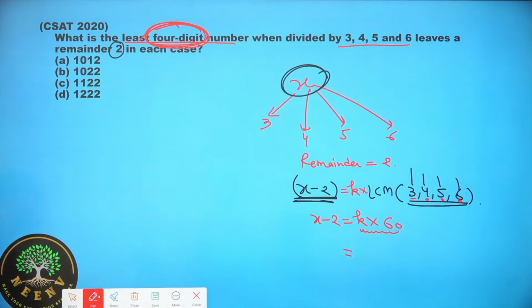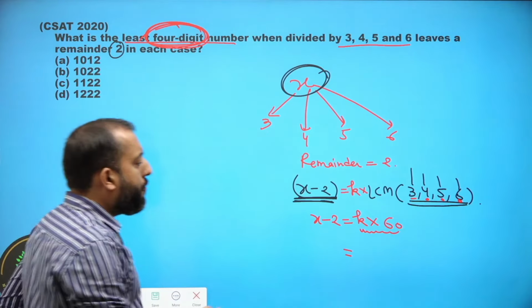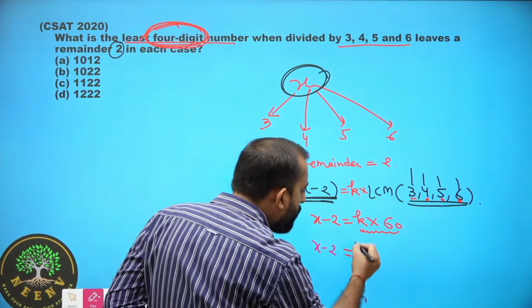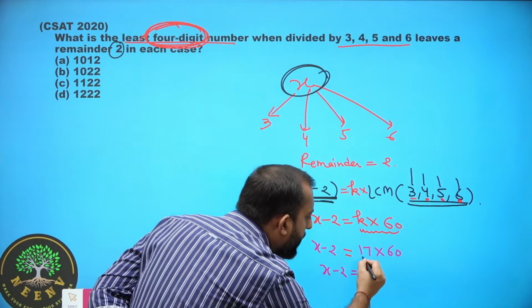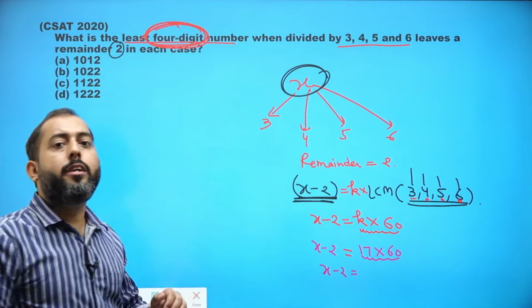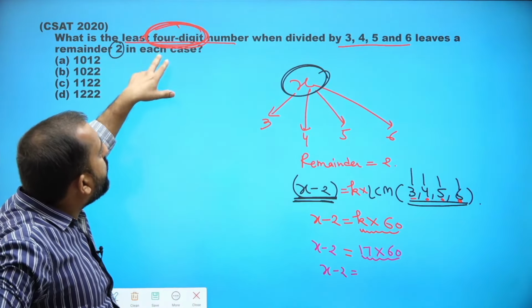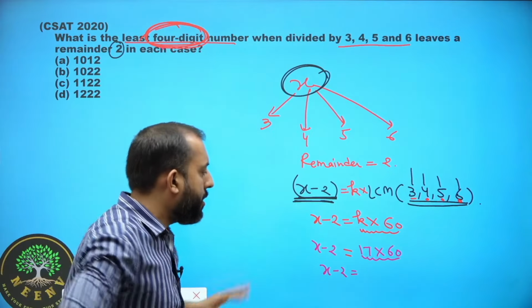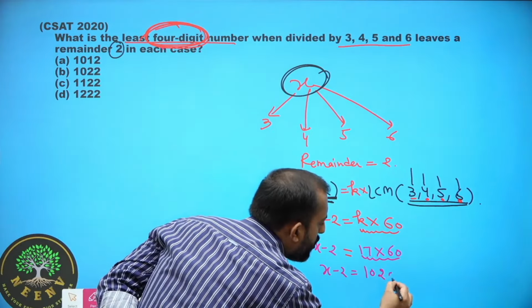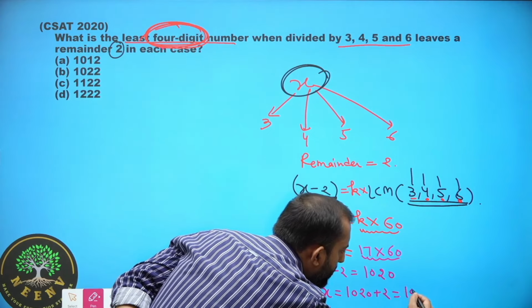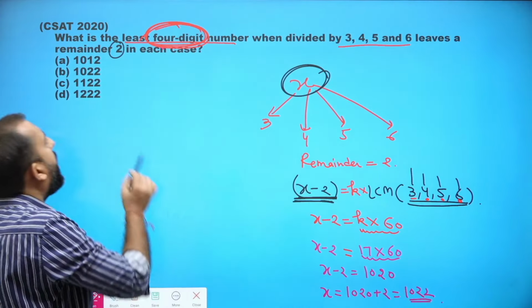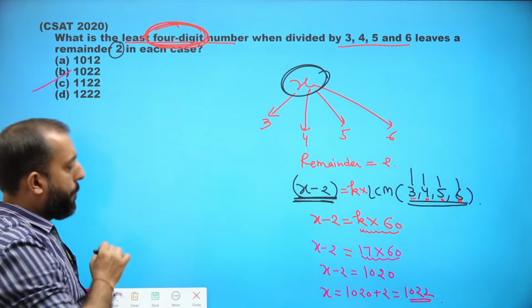Okay, so guys, if we do this, so see, now if you assume k to be equal to 17, over here you will get a result which is the smallest 4-digit number that I can construct here, 1020. Hence the value of x should be 1020 plus 2, which is 1022. So the answer of this question is option B.